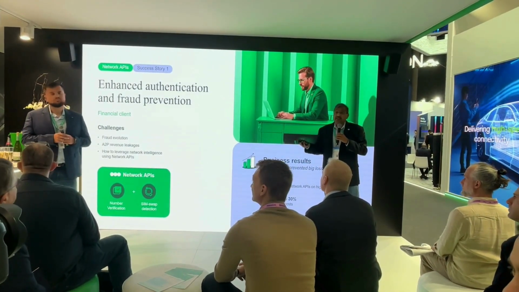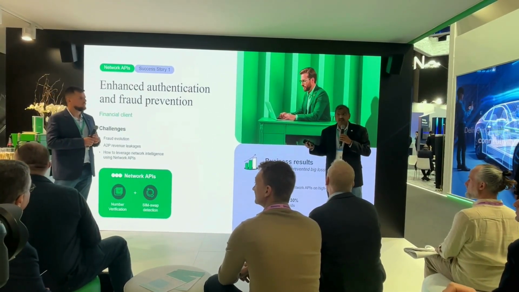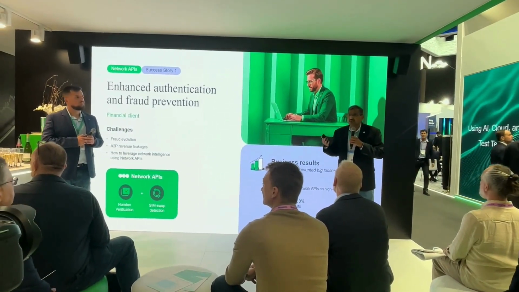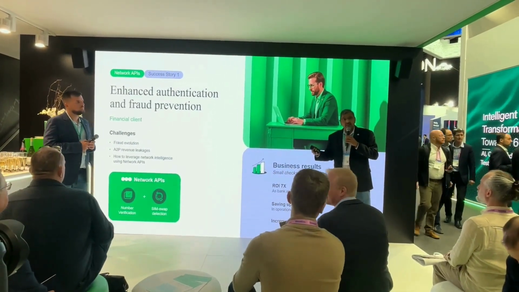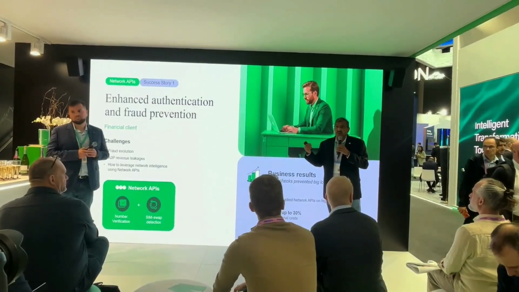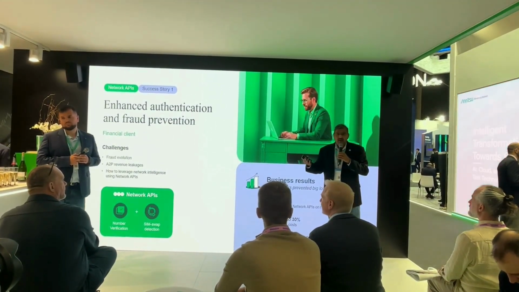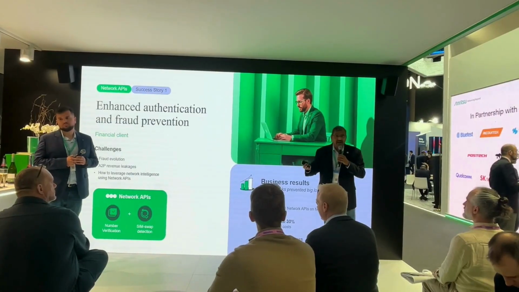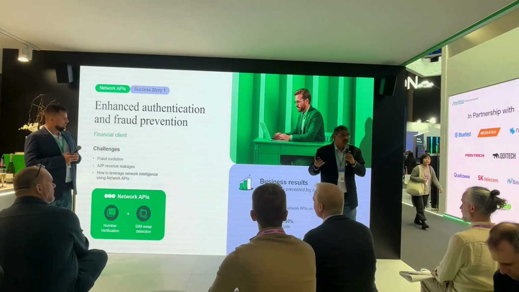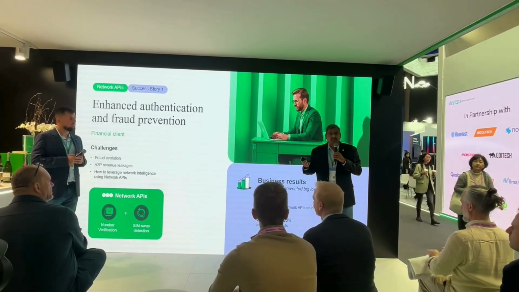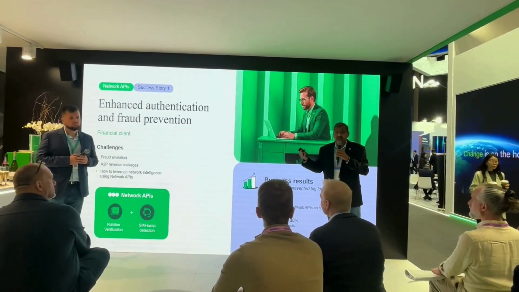And the biggest problem the bank has been facing is they're losing money because of the fraud that is happening. The fraud is happening because of a couple of reasons. One, today, banks have spent years and years of money in building their applications and securing the transactions using SMS and OTP.